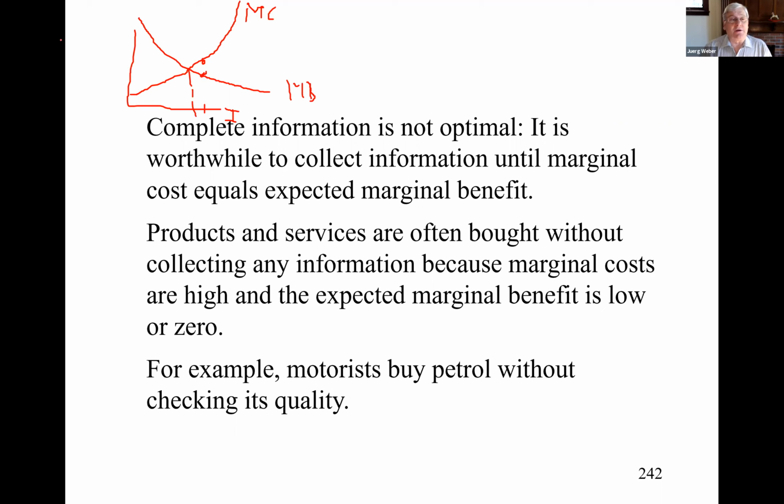Now down here, the marginal benefit of a dollar spent on information is bigger than the cost. So this is worthwhile to get this piece of information. So from an economic point of view, it's not optimal to spend a very, very large amount on more and more information. Somewhere you have to stop, and you stop where marginal benefits are equal to marginal costs.